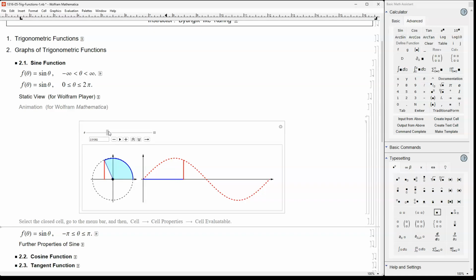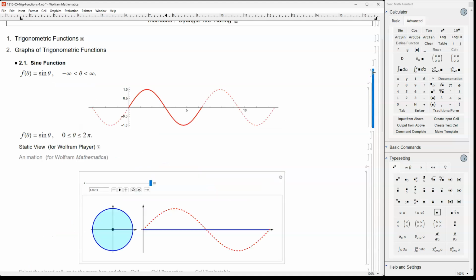They must match all the time. And that's how you're going to get the sine function. And of course, this is a whole period, and if I roll it once more, and once more, or backward, you're going to get this infinite wave function.